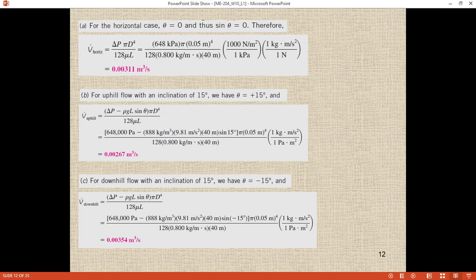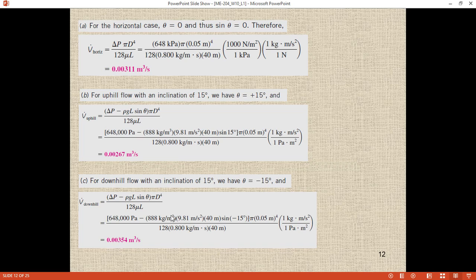Okay, for the uphill condition, the flow with the incline theta is equal to plus 15 degree. So sine 15 degree, we resolve it, and finally we got the volume flow rate for the uphill condition. And same when theta is equal to minus 15 degree.